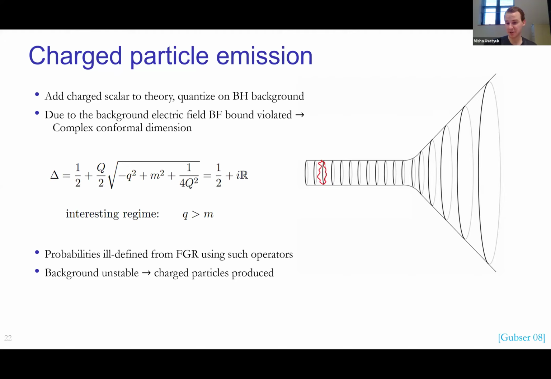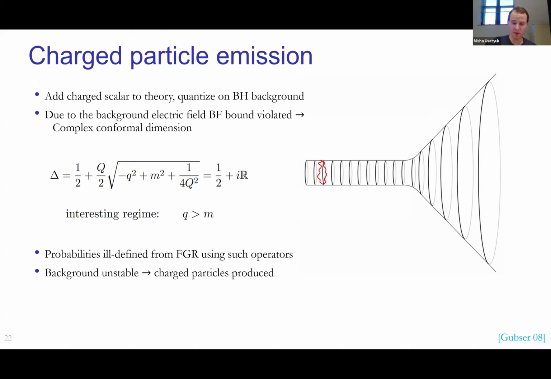This was already noticed by Gubser in 2008 in a very similar context. Now, the problem with an AdS2 field with a complex scaling dimension is that probabilities are ill-defined if you want to use Fermi's golden rule. So we have to use a different formalism compared to everything I told you to calculate the emission of charged particles.